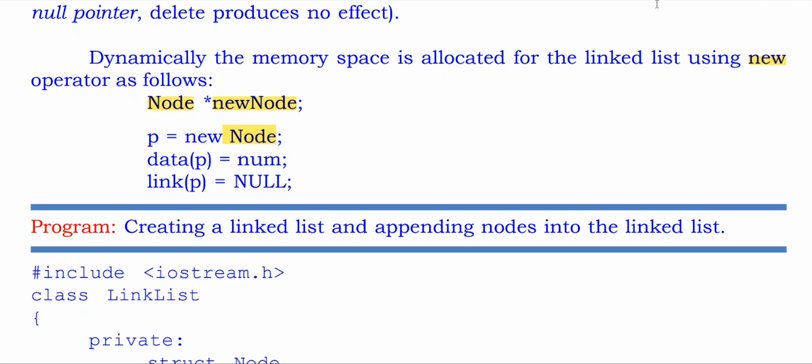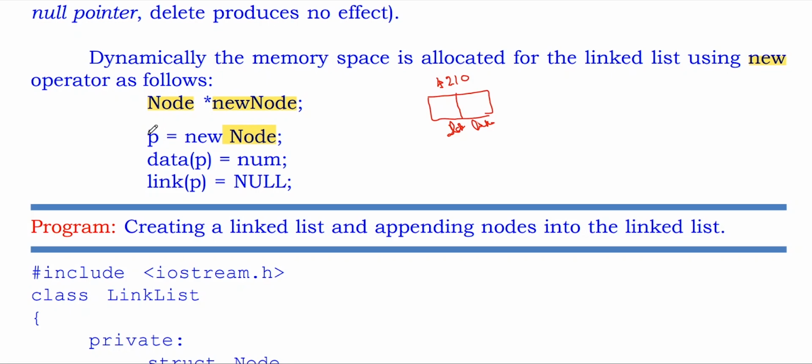Let me show you with a diagram. Let me write this one. Now we are creating some memory, a structure node. As usual, it has a data field and also a link field. This may be some address, 4210, and these are the two members: one is the data field, the other is the link field.